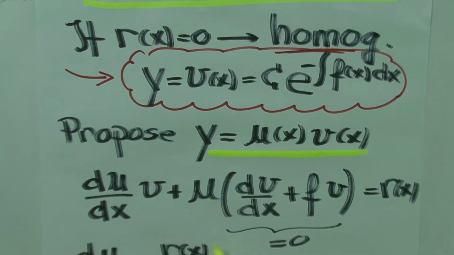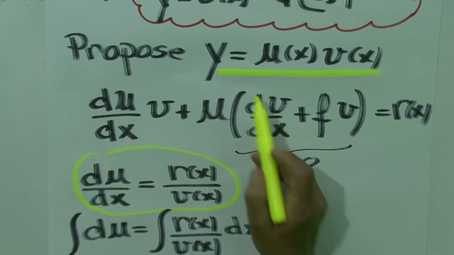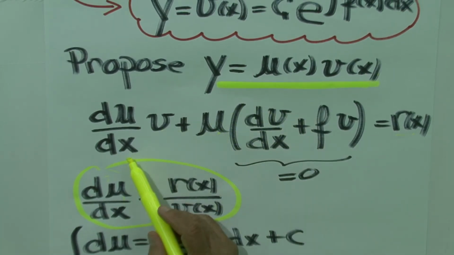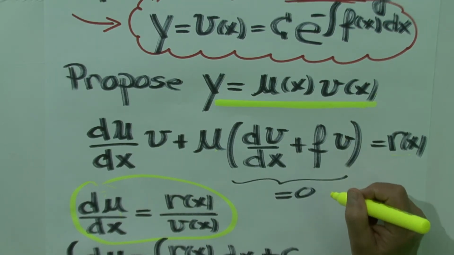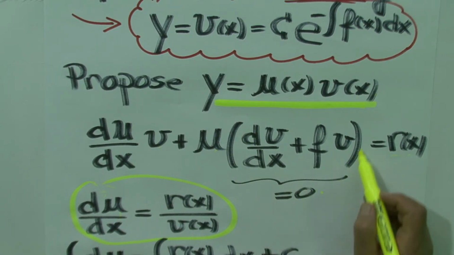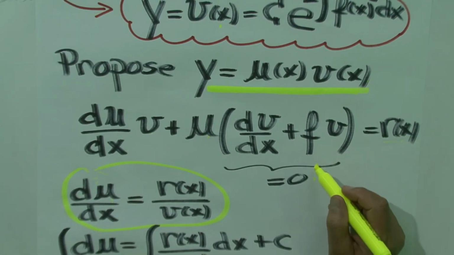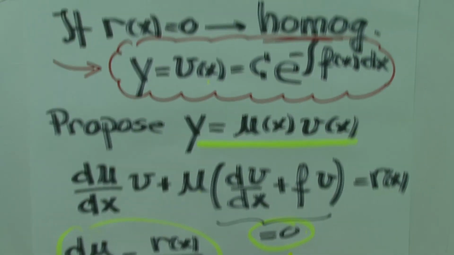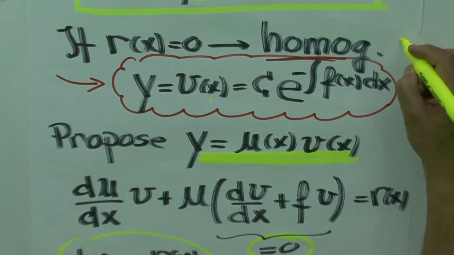And if I divide everything by v and define du, I can end, because u, remember, du dx is equal to this. But here, the v solution is the solution of the homogeneous. So this is 0. So when I propose this solution, I already know that I know v.